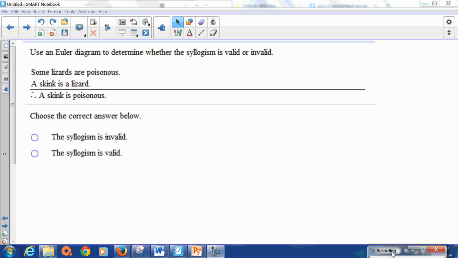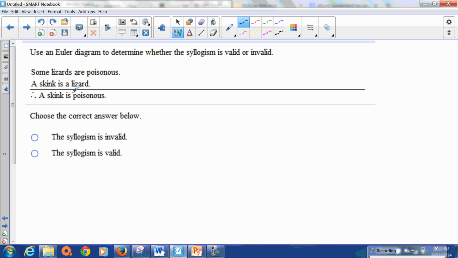This is number 4 on 3-6, and it says make an Euler diagram to see whether or not this syllogism is valid or invalid. Is this a valid argument? These three little dots mean therefore. So this is your first premise, this is your second premise, and this is your conclusion.